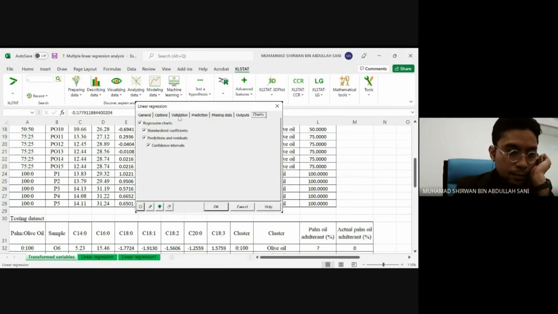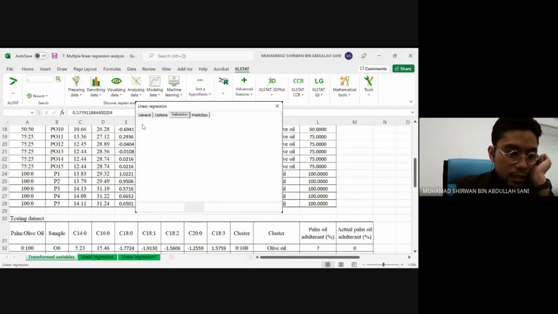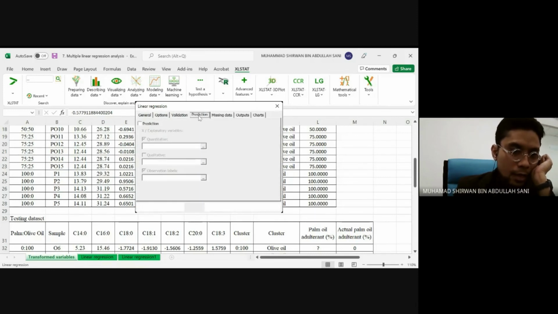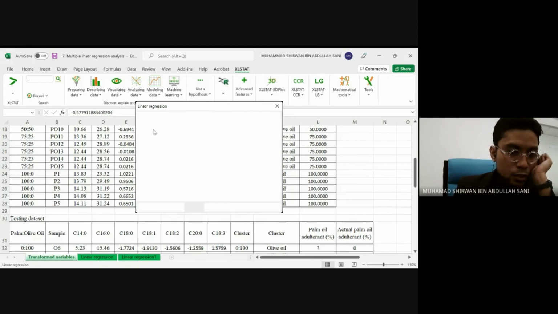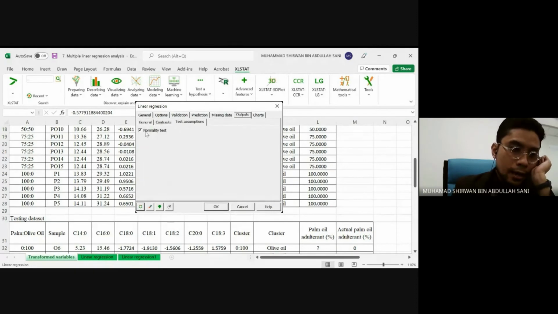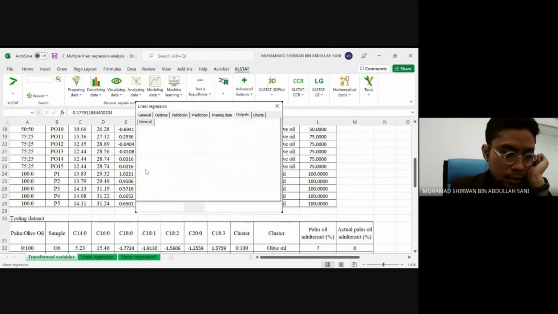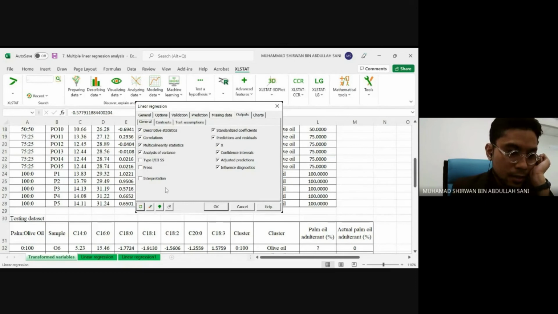So again, option, model, make sure it's 95% confidence level interval. Covariance, let it be. Validation, don't tick anything. Prediction as well, let it be as it is. Missing data, choose do not accept missing data. For output, go to general, tick all except type 1/3 SS, and accept press, accept with interpretation.